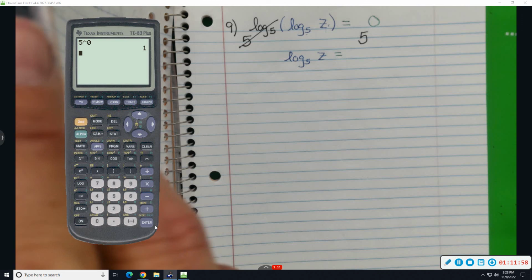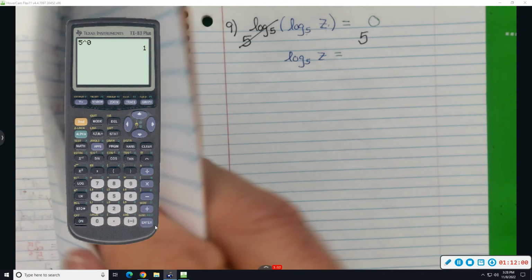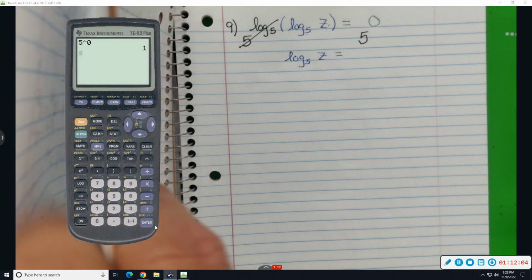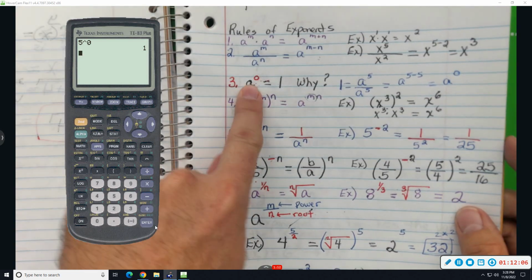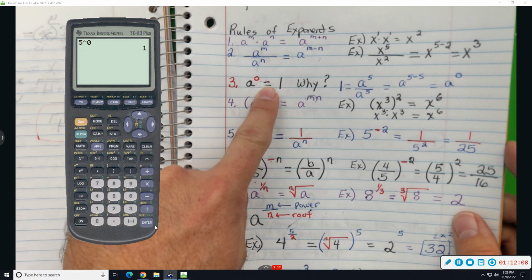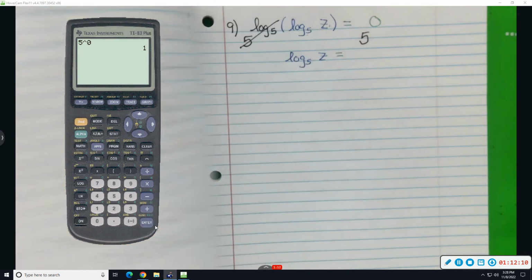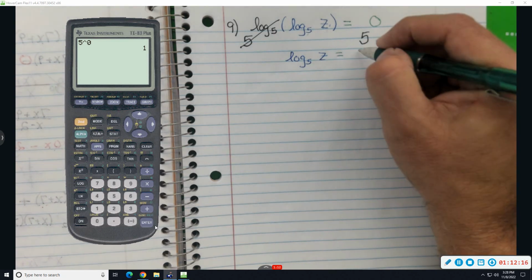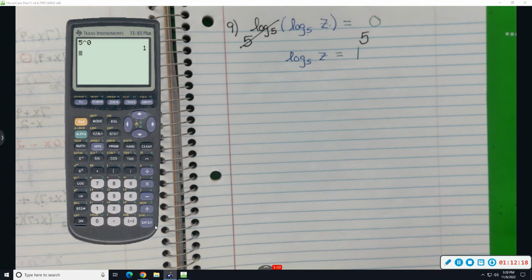We stated that a week ago. Anything to the 0 power is 1. Oh, I didn't write down the 1. Well, we're almost finished with it.